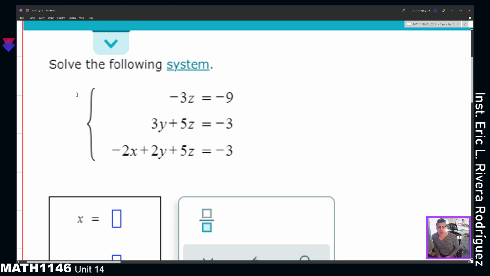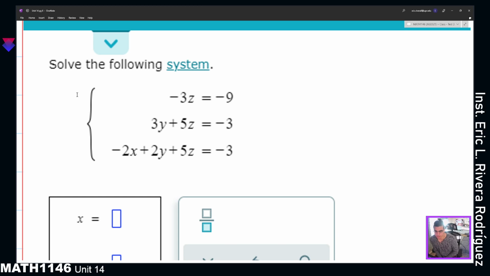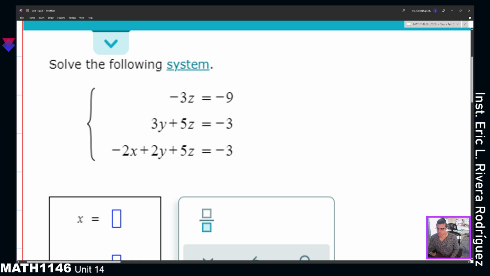So now we are working with a 3x3 system. It means 3 unknown variables, 3 equations. For the 3x3 system, what we want is to reach a triangular shape.